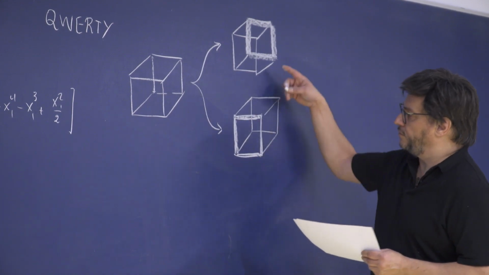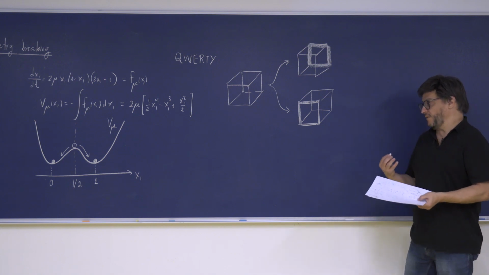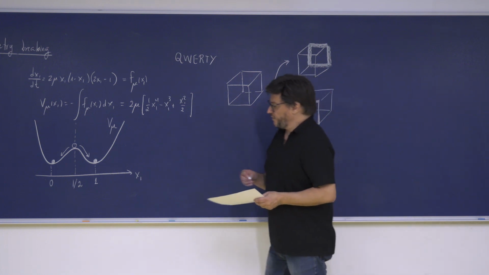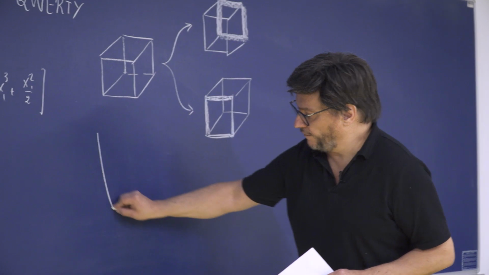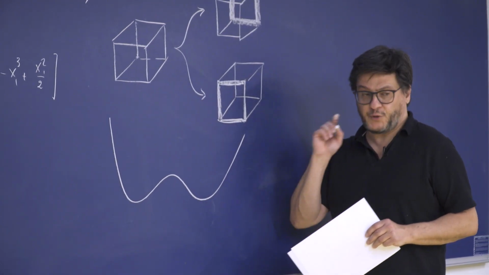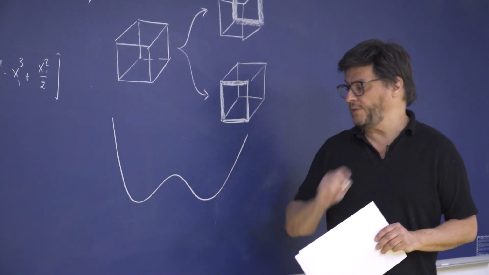So I have two symmetric states. No one is better than the other. And what has been found from neurophysiological studies and magnetic resonance studies is that this kind of potential is there, that the brain dynamically can now shift from one side to the other, right?